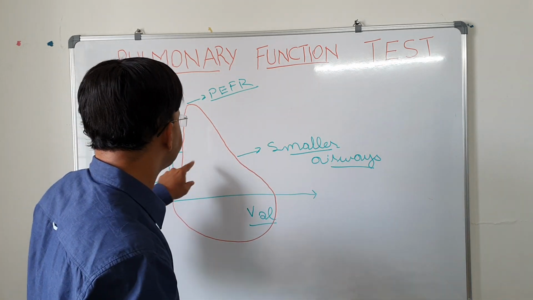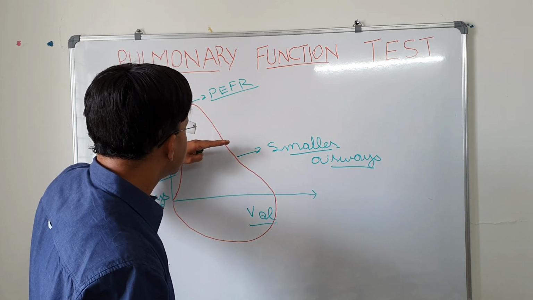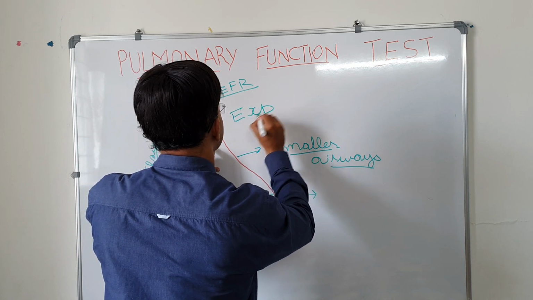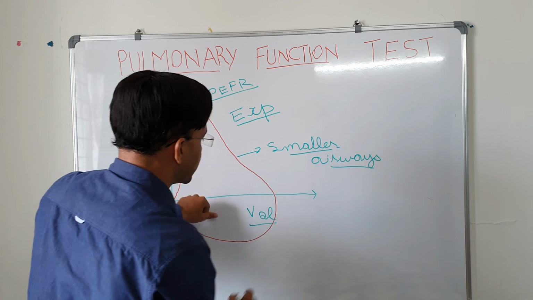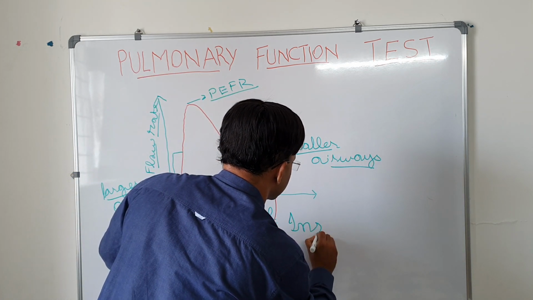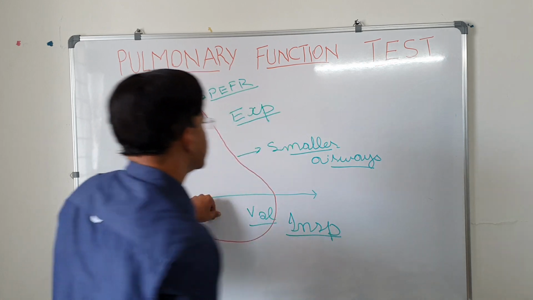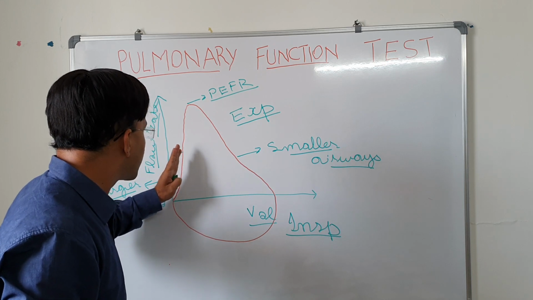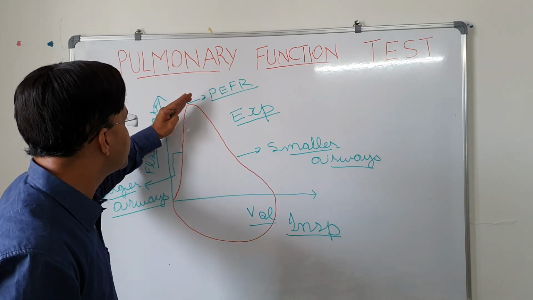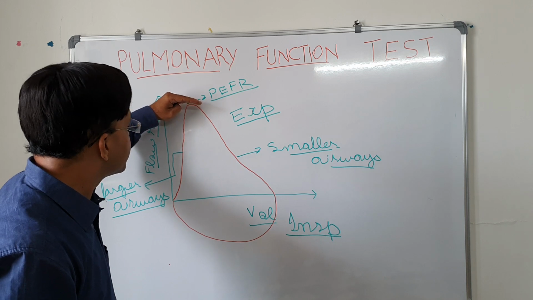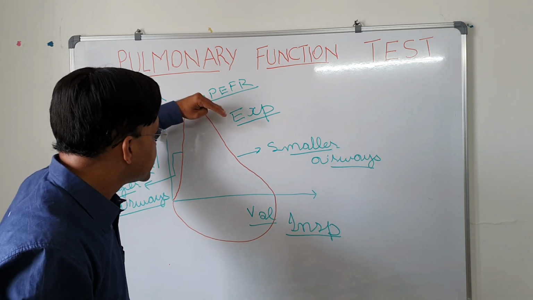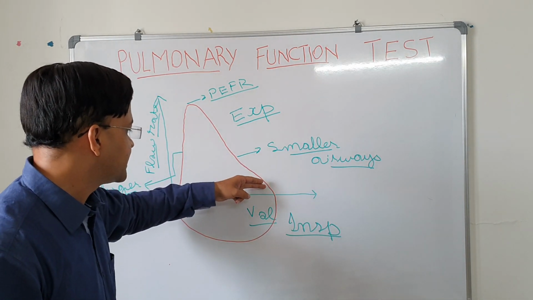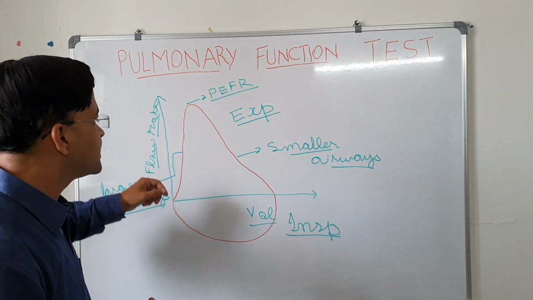This upper portion is for expiration. This lower portion is for inspiration. So in this graph, the initial air will come from larger airways, then the maximum peak point we get is called peak expiratory flow rate. Then the flow is still going on, but now it comes from bronchioles, smaller airways. And this portion represents our inspiration.